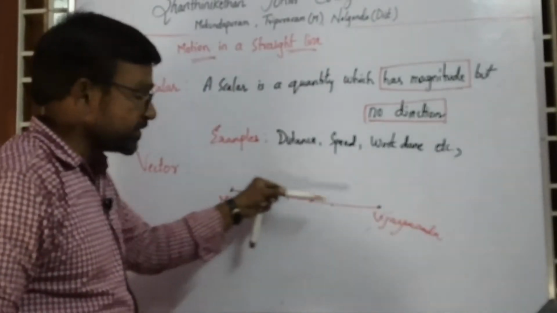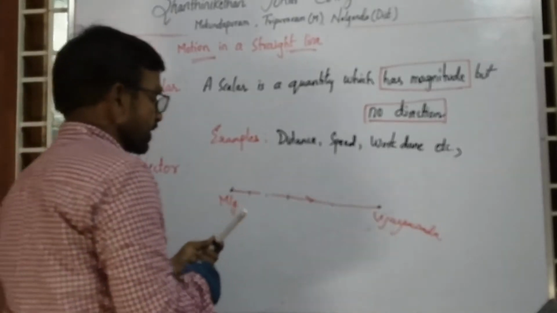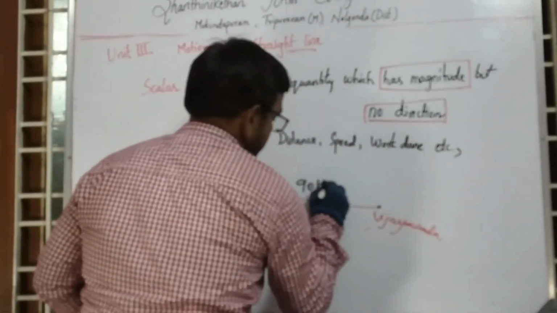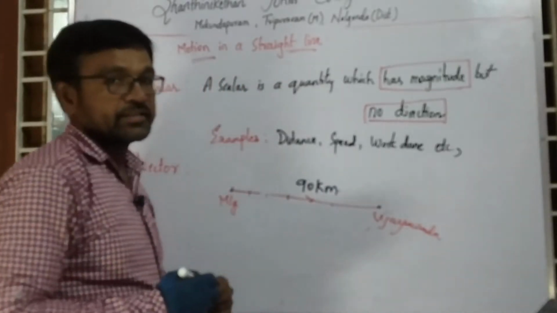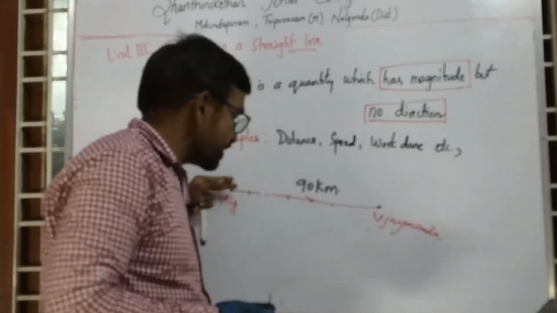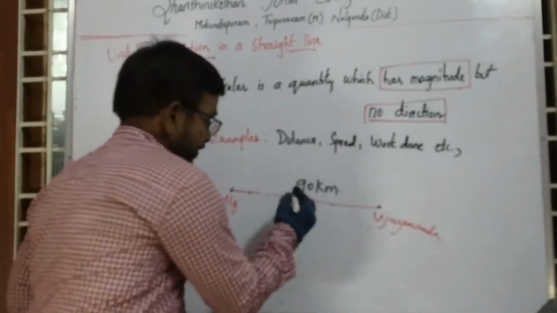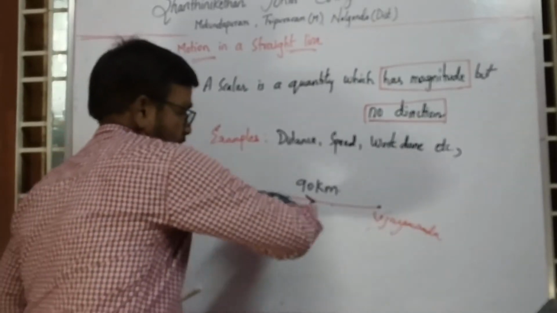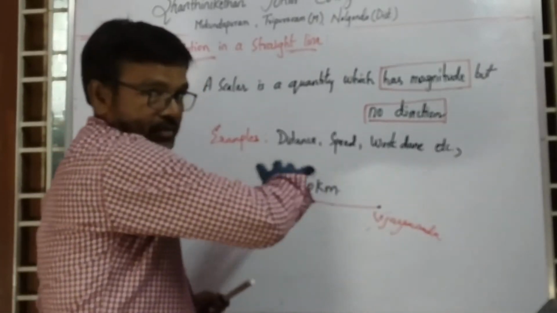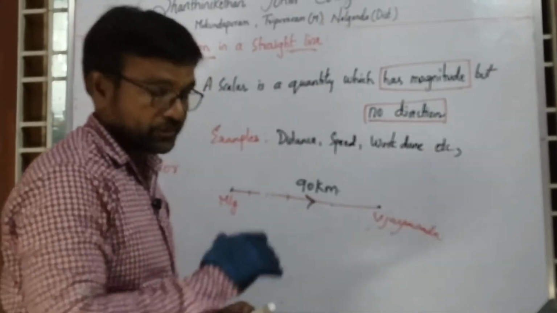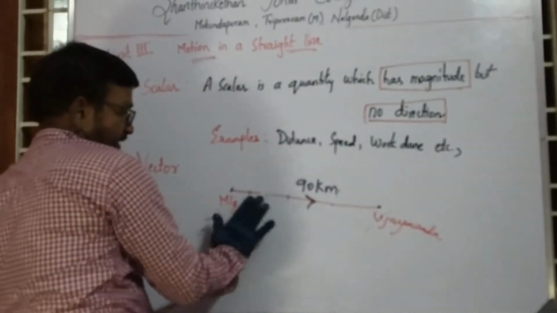It has some magnitude, for example 90 kilometers. This is maintaining some magnitude and some direction. I am giving you this direction, from this position to this position. It is not moving in a zigzag way. It is maintaining some direction.